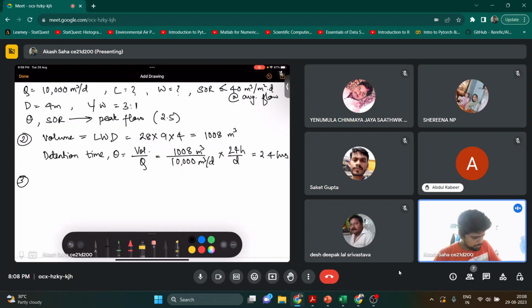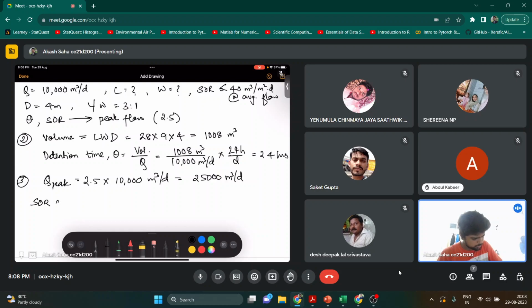So what will be my Q peak? My Q peak will be equal to 2.5 into 10,000 meter cube per day, which is equal to 25,000 meter cube per day.